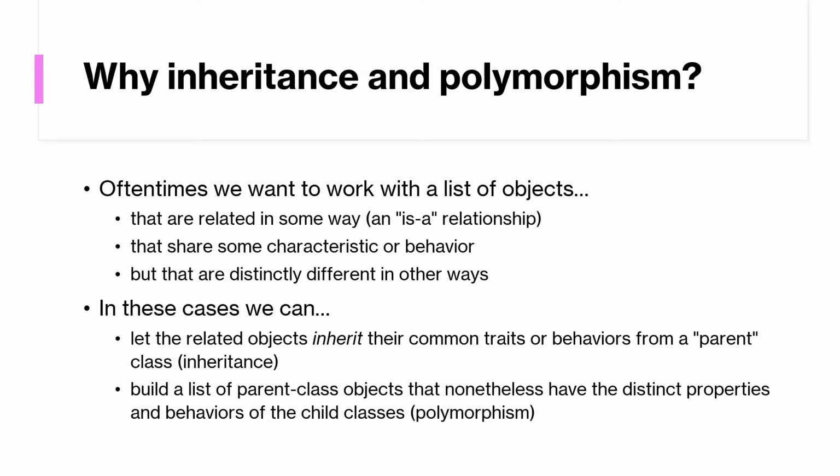Trucks have more cargo capacity. Motorcycles only have two wheels. So the nice thing about inheritance and polymorphism is that sometimes you don't need to know those distinctly different details in order to work with the objects. If we were simulating vehicles in traffic, we wouldn't need to know that a motorcycle only had two wheels.